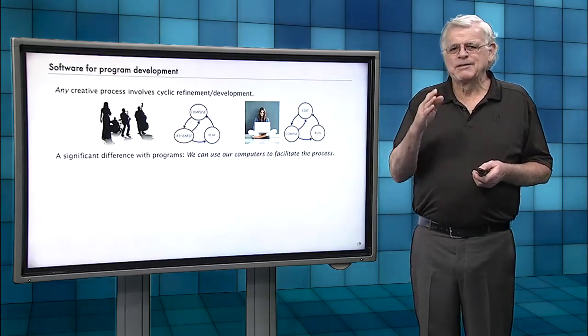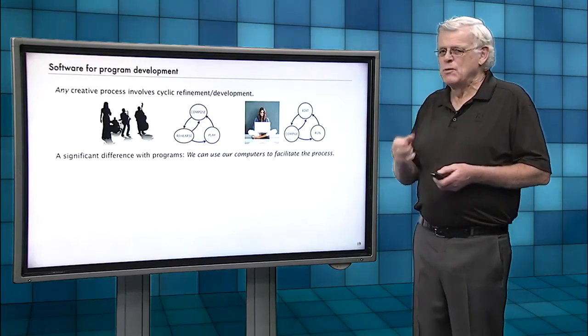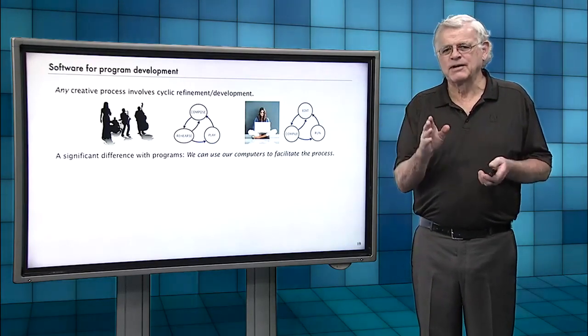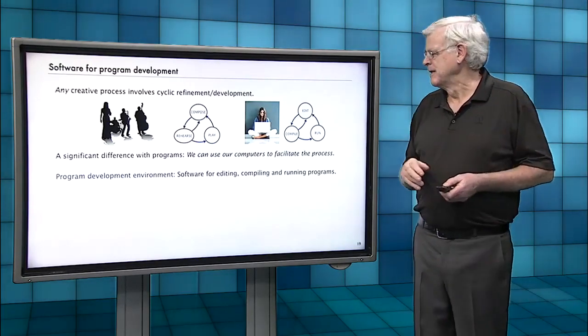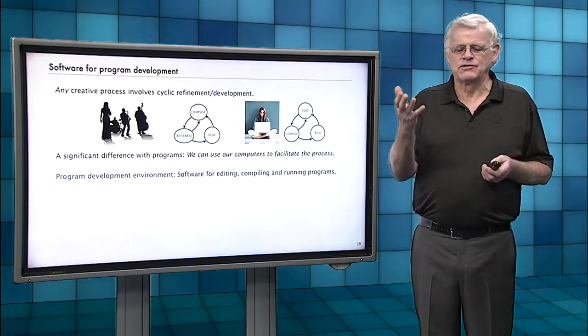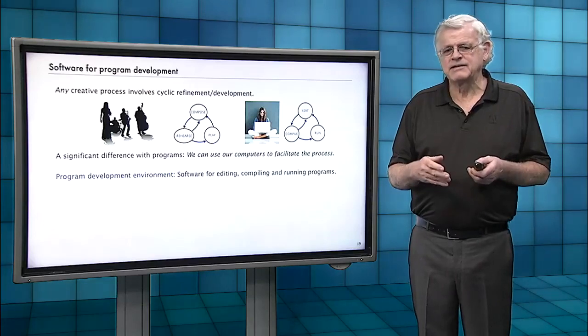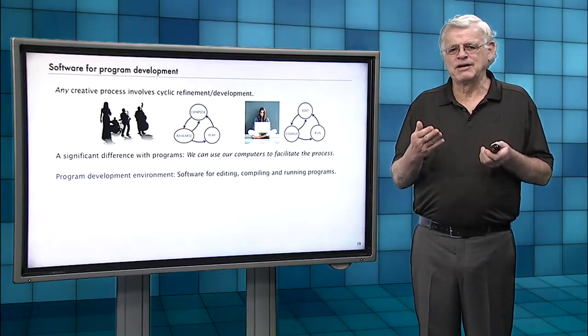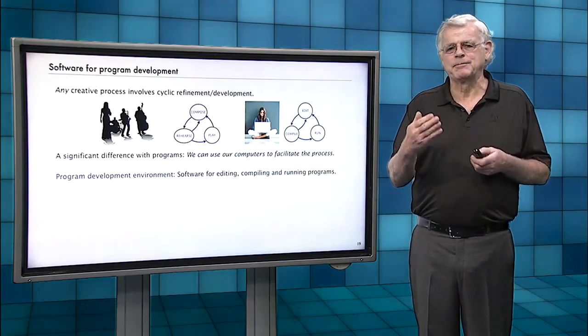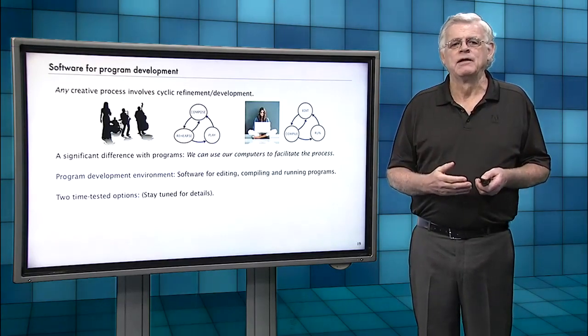But with programming, there's a big difference because we can use the computer to help get this done. The computer can help us find mistakes. And so what we talk about in this process is the idea of a program development environment. That's software that we use for editing, compiling, and running programs.